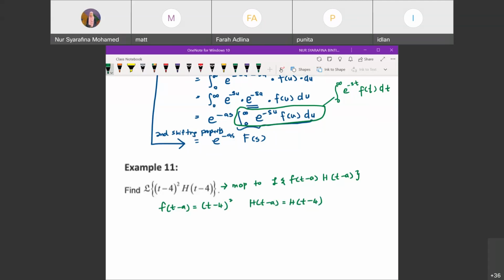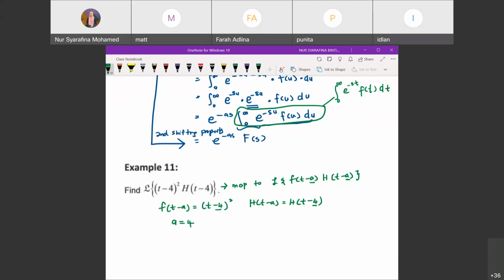You have to make sure that if this is a, this one is also a. So this is 4, this is 4, then a is 4. If you don't have a similar value of a here, you need to do some adjustment. But now we have a similar value 4 and 4, then we can say that a equals 4.